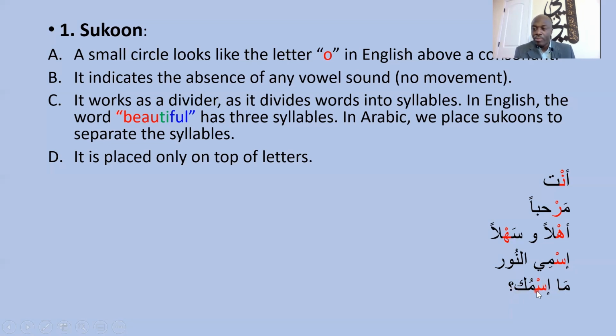We hit the break and then continue going: ismuk. So the sukoon separates the two syllables. This is about the sukoon, and I hope these examples give you an idea of this diacritic mark.